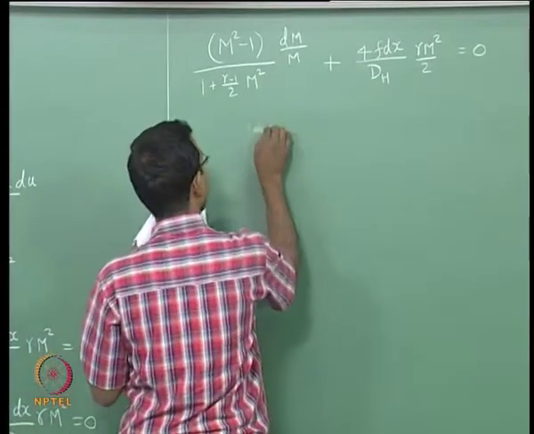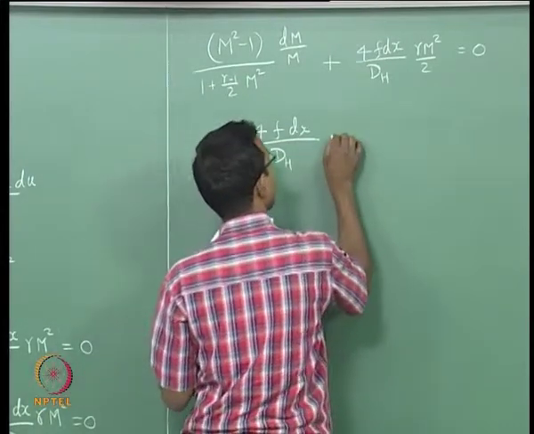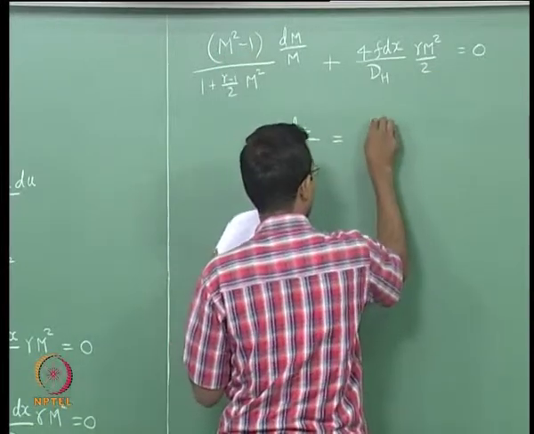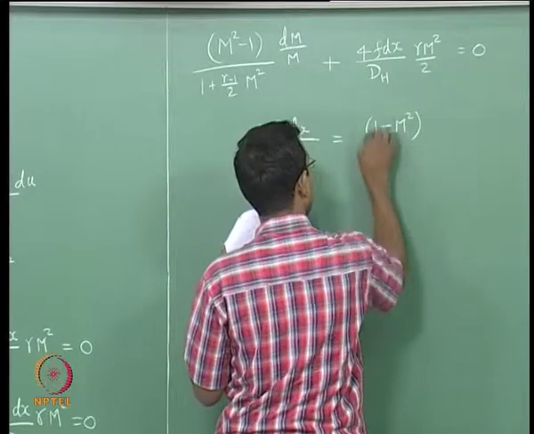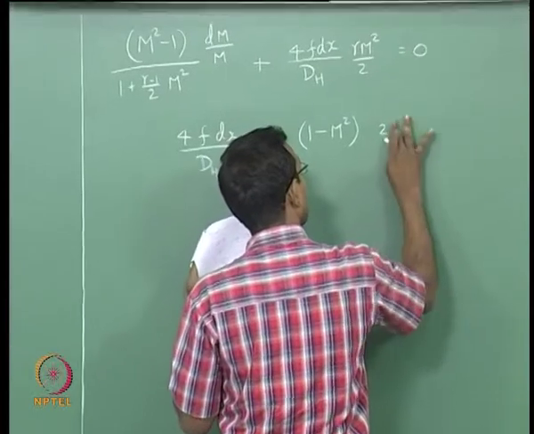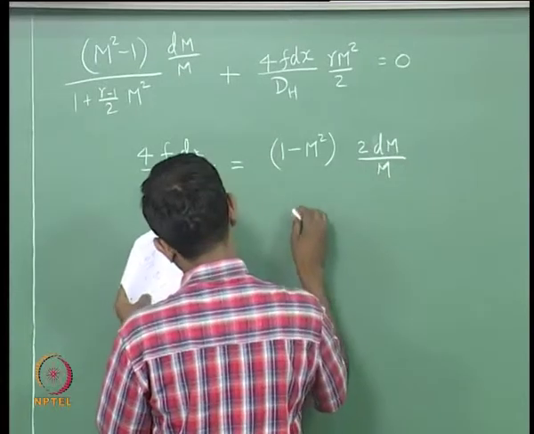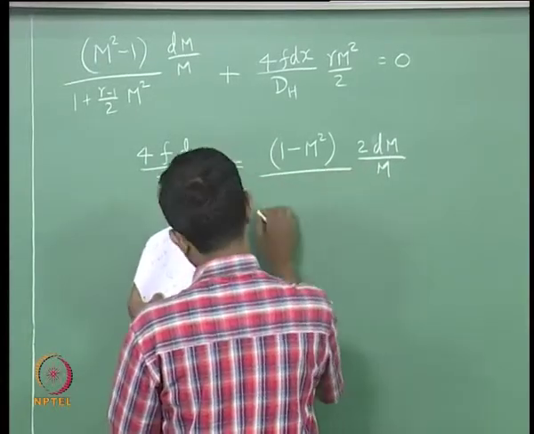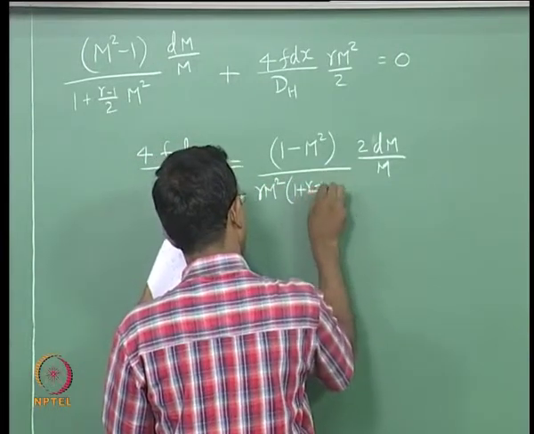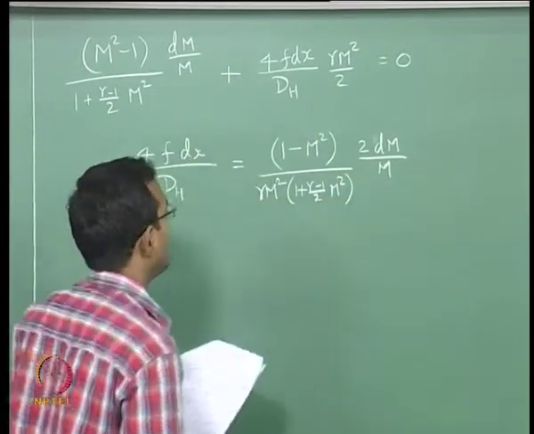So I will get 4f dx by D_h equal to, there is a minus which I will switch over with this M square minus 1, so it becomes 1 minus M square, 2 dM by M, divided by gamma M square times 1 plus (gamma minus 1) by 2 M square. Okay, this is my expression.